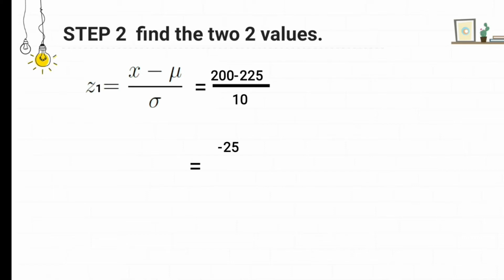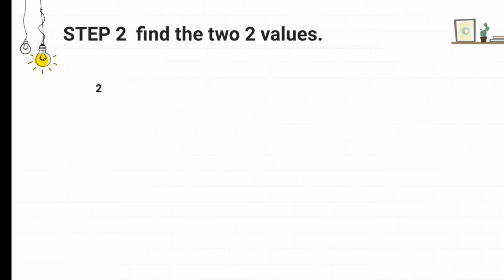So 200 minus 225 is negative 25, all over 10. If we solve this, we have negative 2.5 for our first z value.